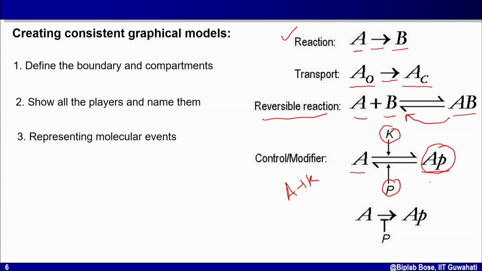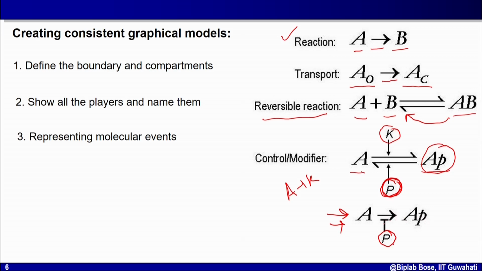Now, here in this example, AP is getting dephosphorylated to A. So that means P, the phosphatase, which is removing this phosphate group from A, is actually working opposite to the kinase reaction, phosphorylation. So sometimes some people may want to represent it as if P is a molecule or enzyme which is inhibiting phosphorylation of A. That can be represented as I have shown: A to AP, this is the normal process by which A gets phosphorylated to AP, and P is inhibiting it.